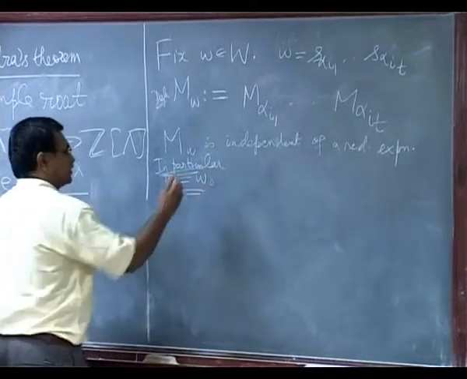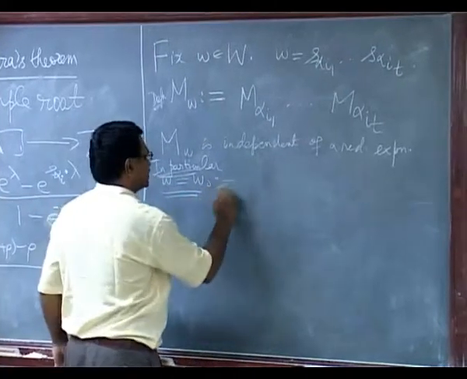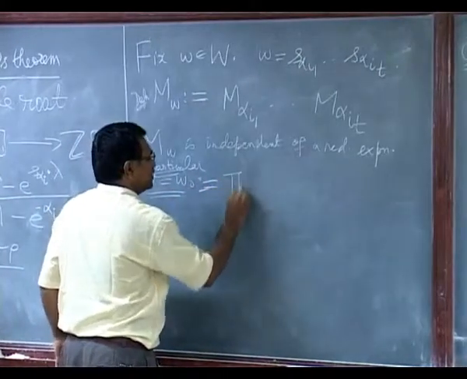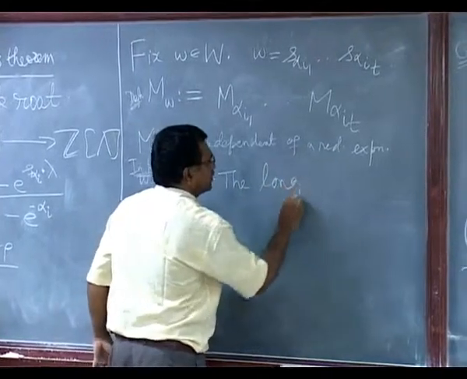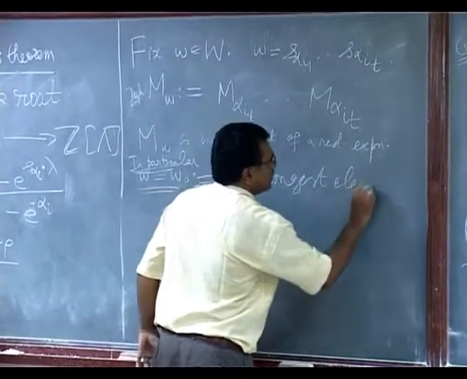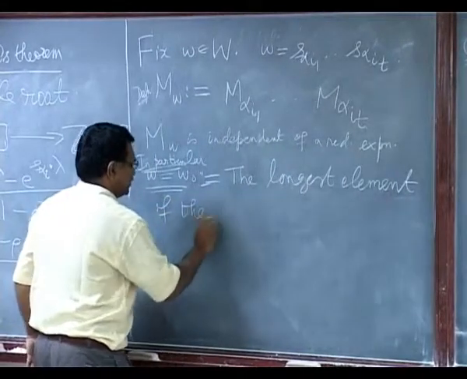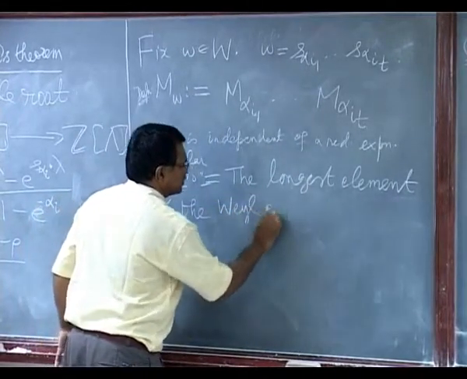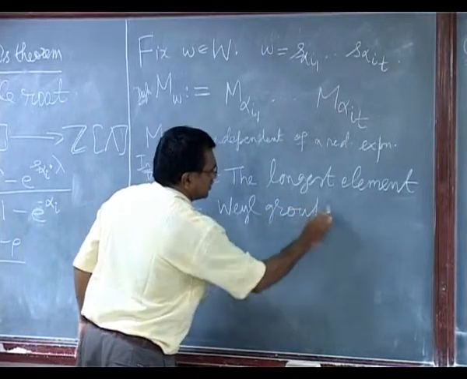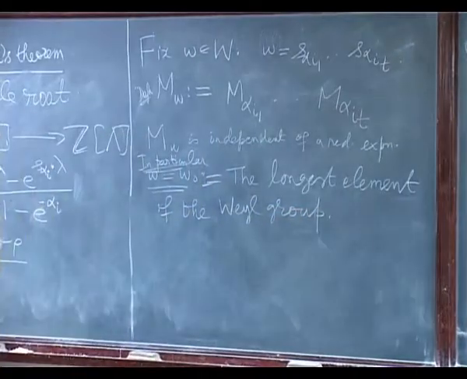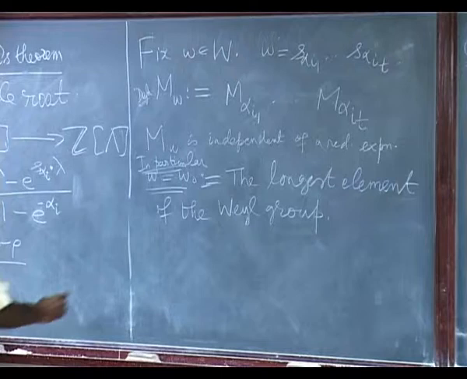consider W equal to W naught, the longest element of the Weyl group.